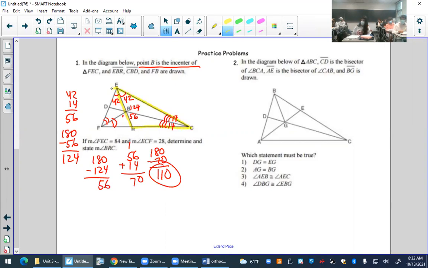So you said 42. 42, perfect. 42 plus 28, 70. The three angles add up to 180. 180 minus 70 is 110. Really nice, Isabel. You guys see that? But they're both right. If you're getting the right answer and you're doing it right, you're right. Okay?